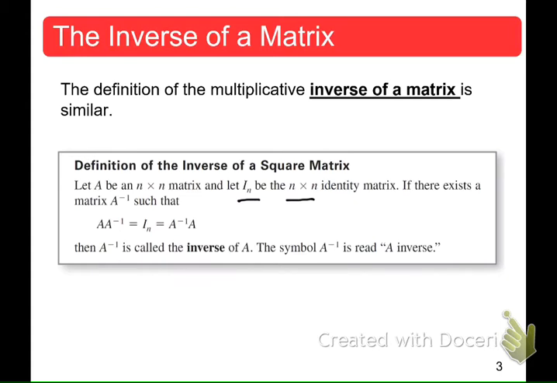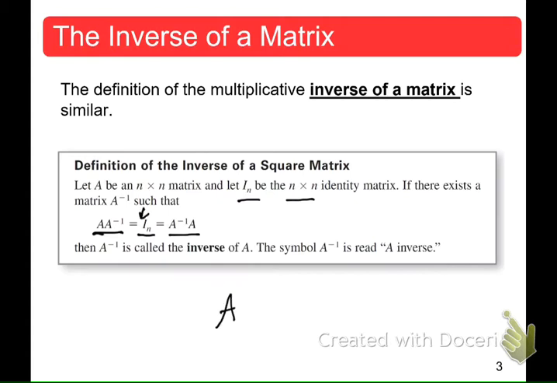We now know that if I multiply A times A inverse, the multiplicative inverse for matrices is the identity matrix, and I can do it in either direction and get this identity matrix.